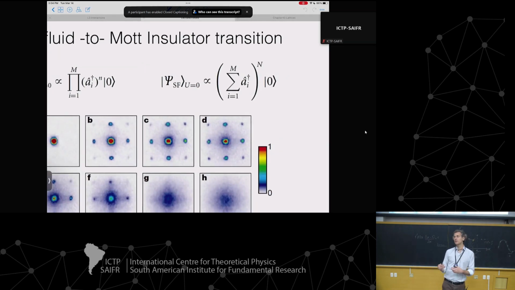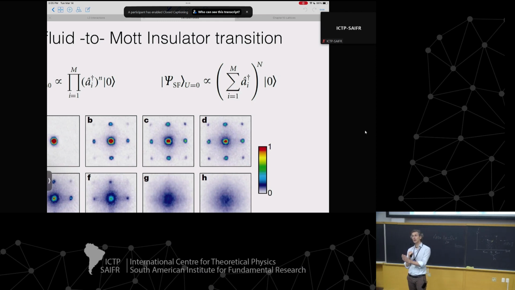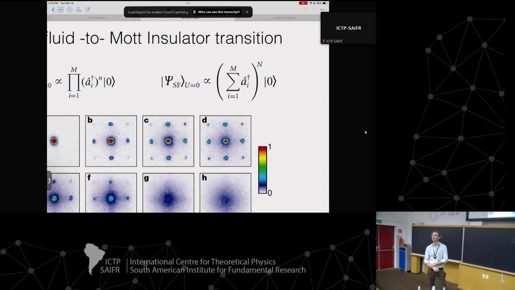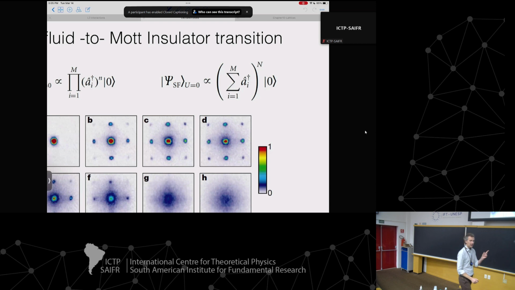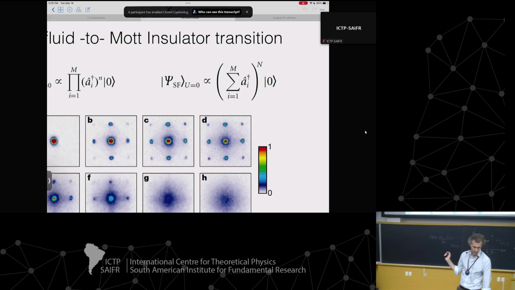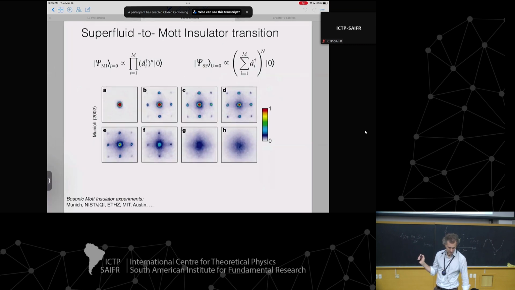The evidence for that is not that the atom number distribution is measured at a particular site, but rather that its phase is measured. Oh, okay. And remember, those coherent states have a well-defined phase. I don't know if it was introduced to you that way, but they do. Okay. Yeah, so instead of measuring the distribution of number on site, these experiments at time of flight are sensitive to a phase.